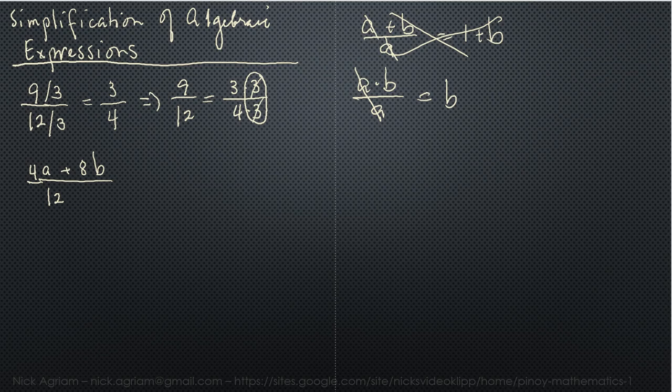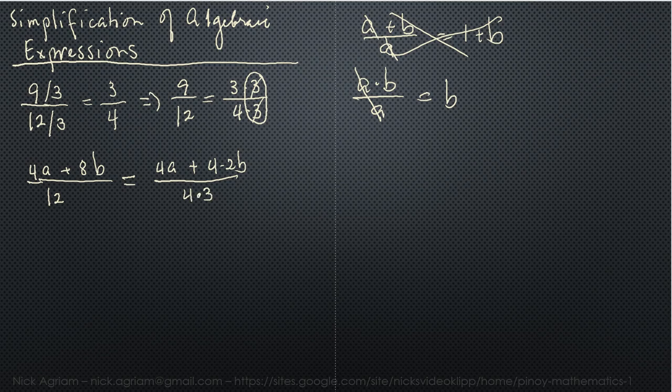Sorry for that again. I am writing directly to my tablet, so that's why. Okay, we will simplify. That means we need multiplication. So if we have 4a plus 8b, then we have 4a, and 8b is 4 times 2b, divided by 4 times 3.